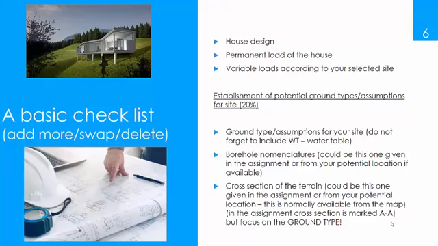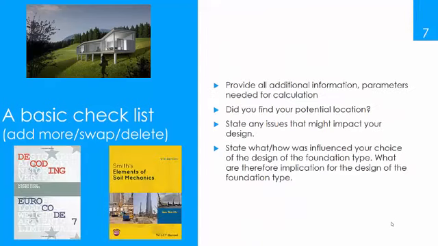And of course, you will need to justify that you are building your house on a steep slope also for your location, and this is normally available from the map. And please focus on the ground type. Provide all additional information and parameters needed for calculation.